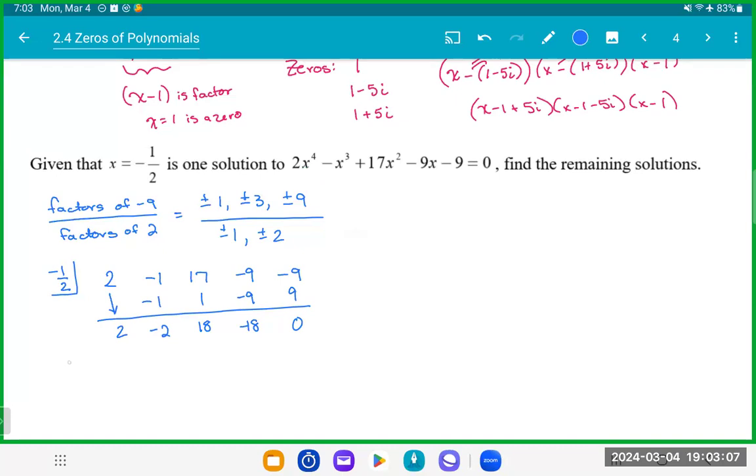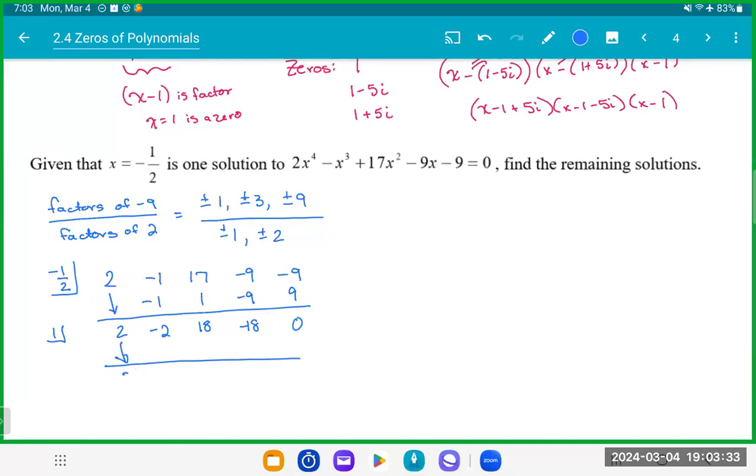So in this case, I'm going to just do positive 1. Again, we could try various different things. And if it comes up with something that's not a 0, then it's not a 0, and you have to try another one by trial and error.